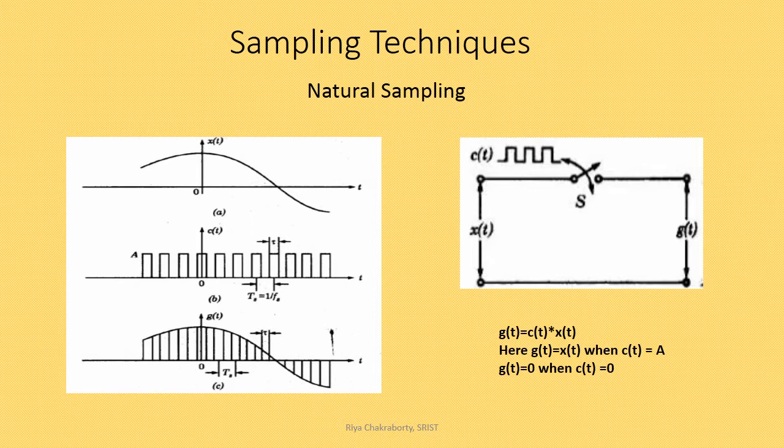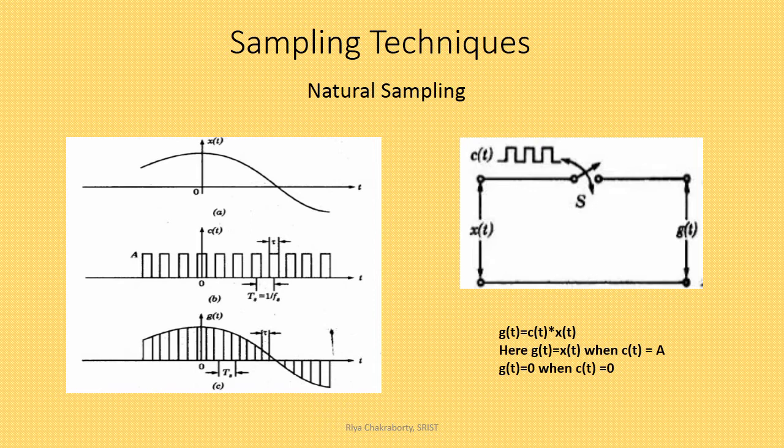The diagram shows a functional diagram of a natural sampler. With the help of this natural sampler, a sampled signal g(t) is obtained by multiplication of the sampling function c(t) and the input signal x(t). So g(t) equals c(t) times x(t). When c(t) goes high, the switch S is closed.